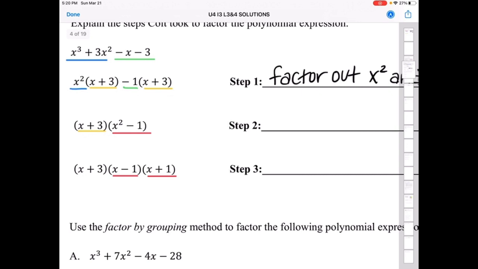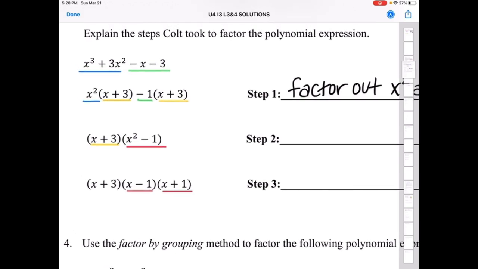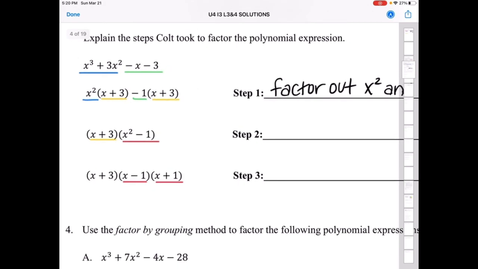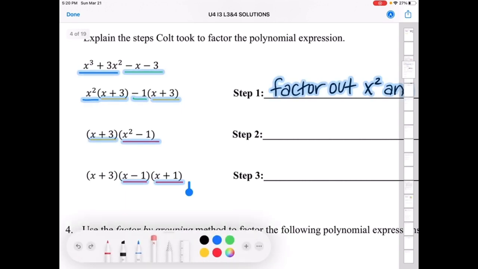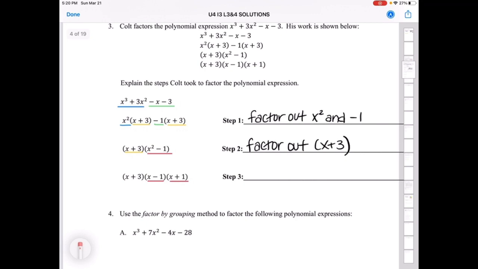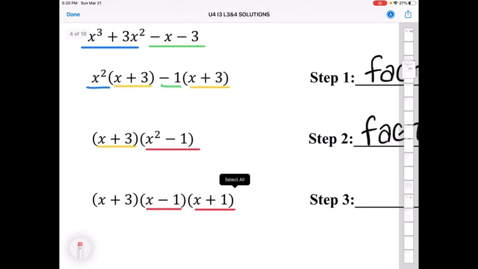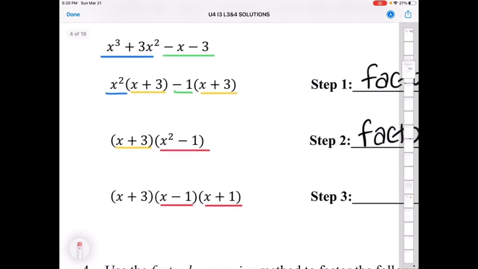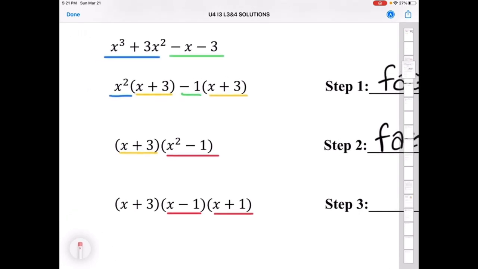Then, if we notice the same thing underlined in yellow, we have x plus 3, x plus 3. So when we factored that x squared and negative 1 out of each pair, we got left with x plus 3 twice, right? So in this situation, we can actually factor out the x plus 3 because both pairs contain it. So we're factoring out the x plus 3. When we do that, we're going to be left with the remaining terms that are on the outside of those parentheses.